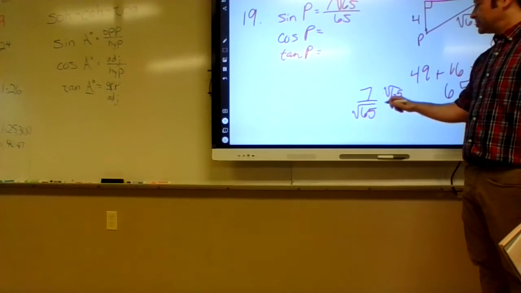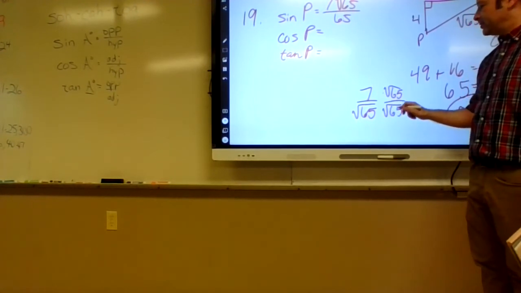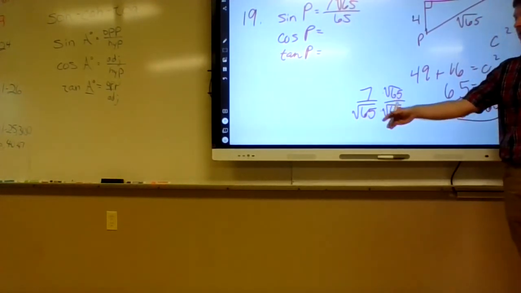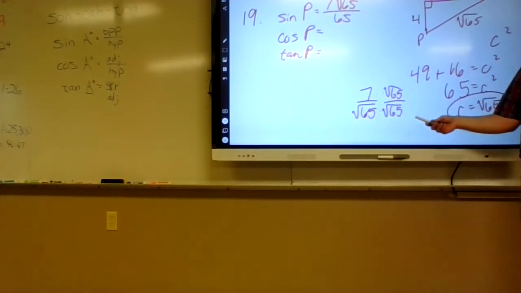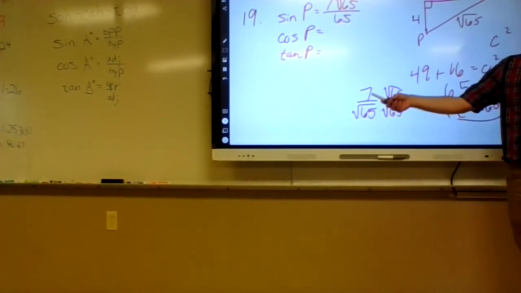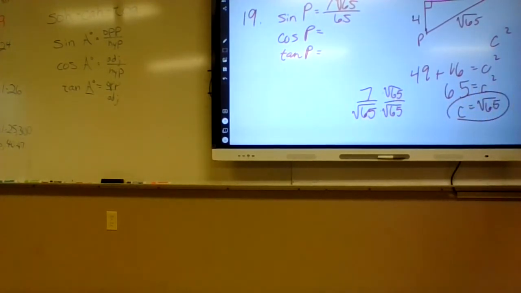You're not supposed to leave square roots in the denominator. The bottom becomes normal 65, the top becomes 7 square root of 65. Or you use a nice calculator and let it do it.